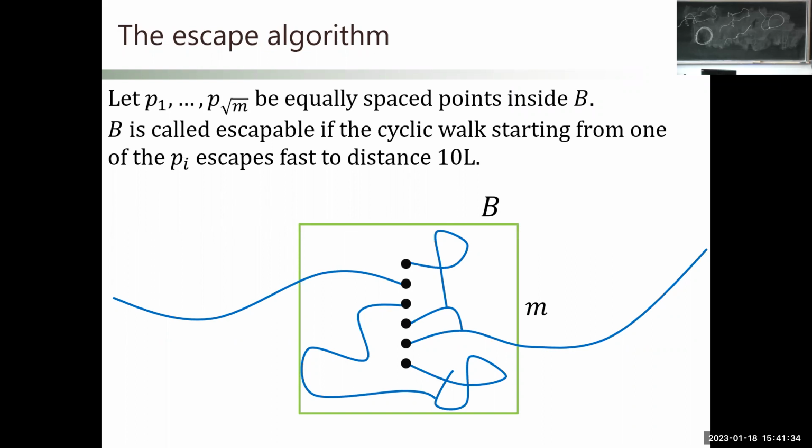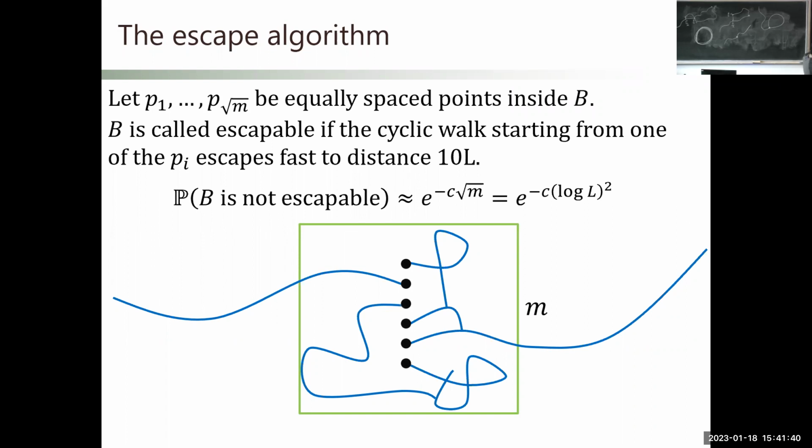And then you want to show that with really high probability it is escapable. And it makes sense, right? Because these walks are somewhat independent. So the probability that none of them escapes fast, each one of them behaves like a random walk, let's say by some inductive assumption, is exponential in the number of points. So e to the minus root m.